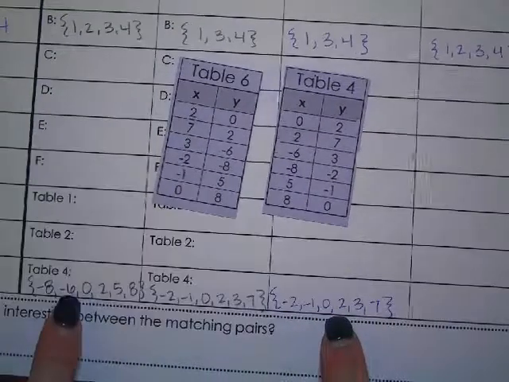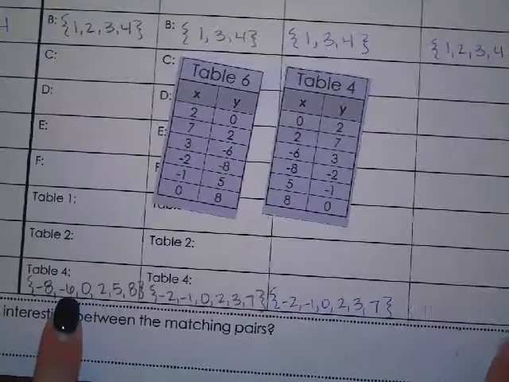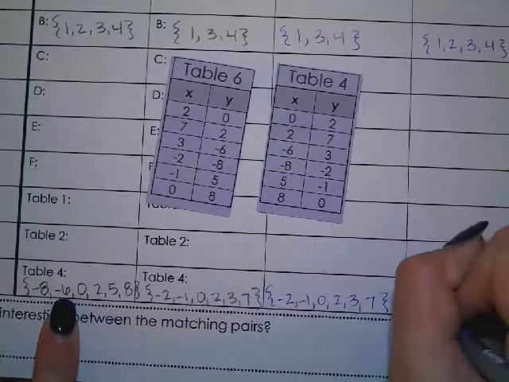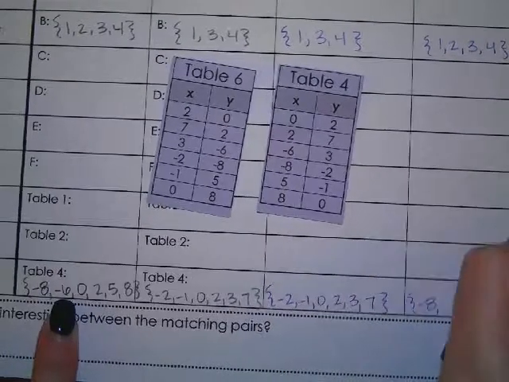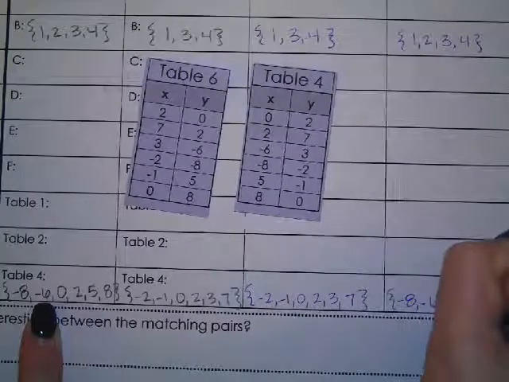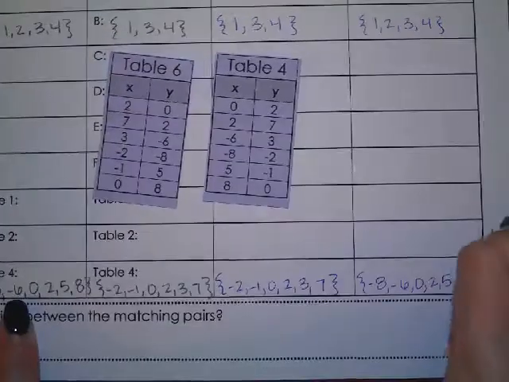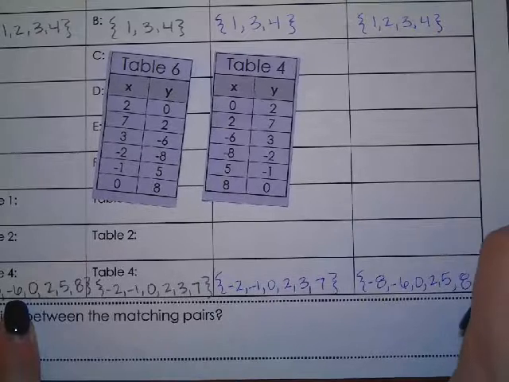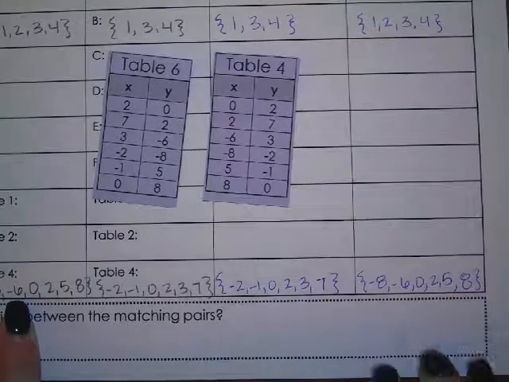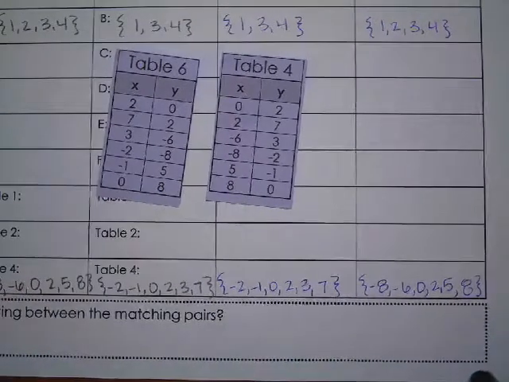The domain of the original table is the range of the inverse. So this is really just forcing us to practice that idea that with inverses, the x and the y values trade. And that's all we have to do. We don't have to do anything complicated. We just have to make the x's and the y's trade. That's all we got to do.